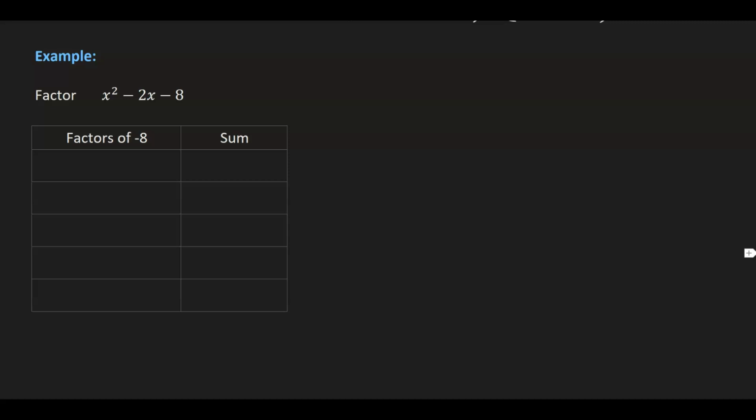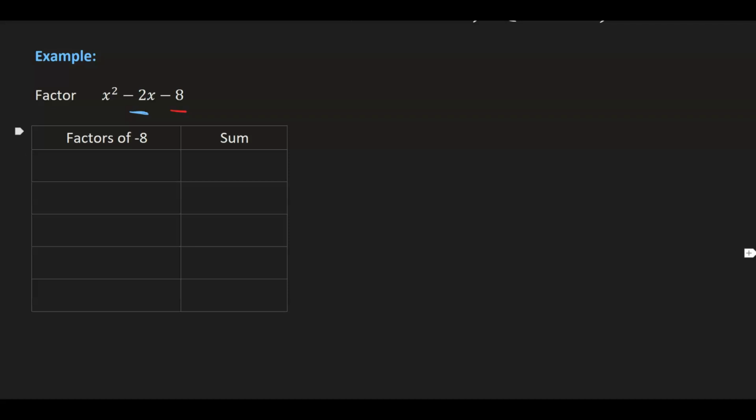And so let's try another one. Remember, I've got this table set up. I want to have the factors of -8, and we were looking at those in kind of red color. And I want to have them have a sum of -2. Now the higher the number gets here, the more factors that there will be. So let's just factor 8. Well, factors of -8.